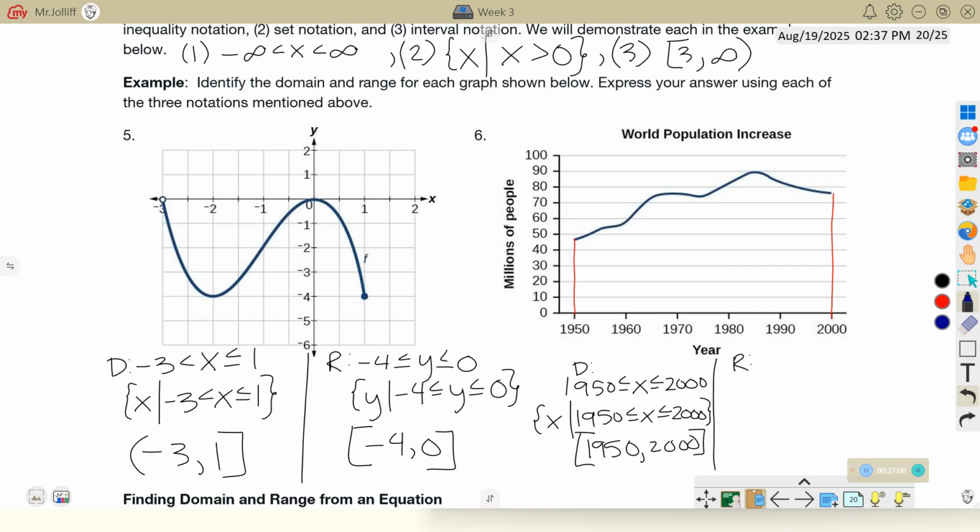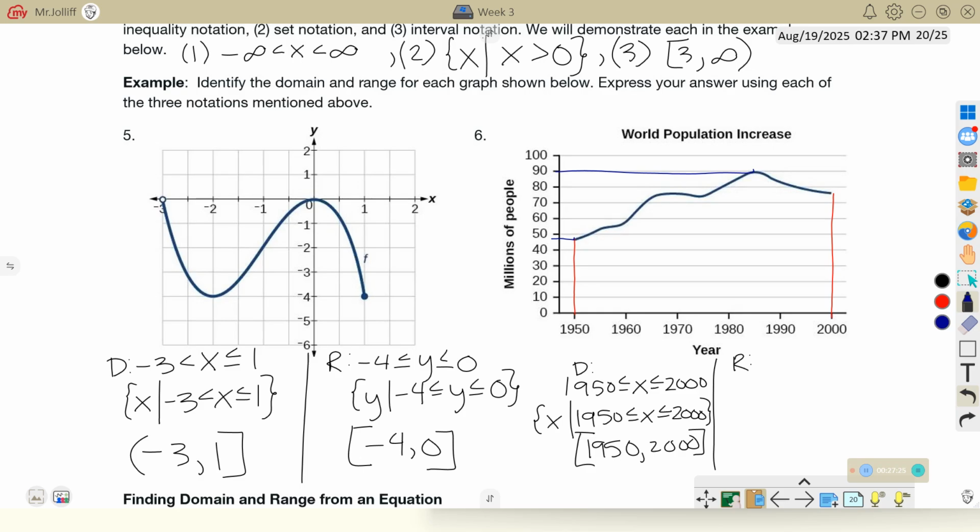Which axis am I looking on? The y. Very good. And I want my lowest point, which happens to be my lowest x value, and my highest point, which is this peak right here. And for my lowest point, I'm going to need to do some estimating.